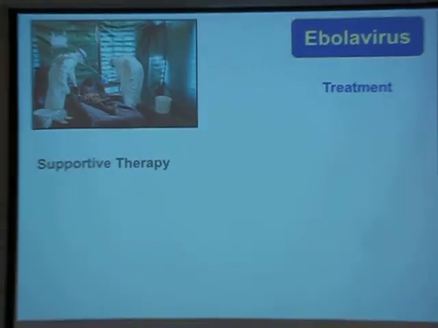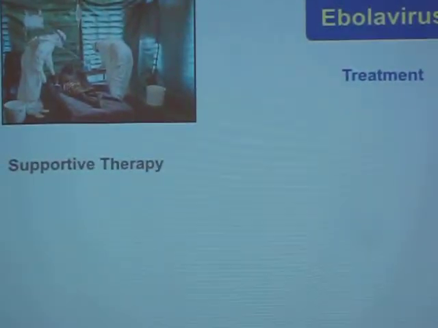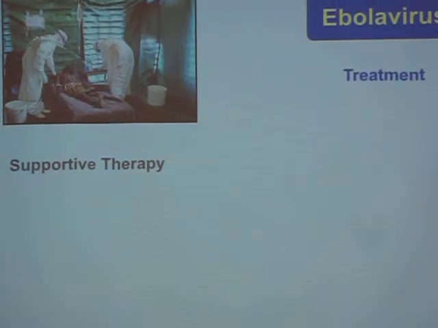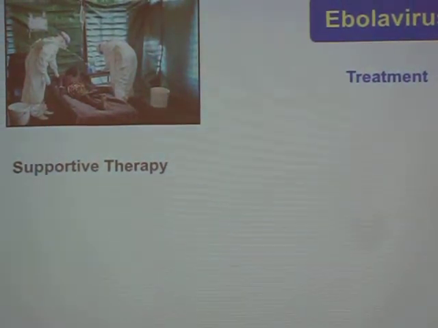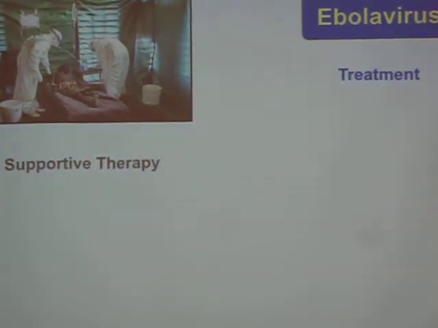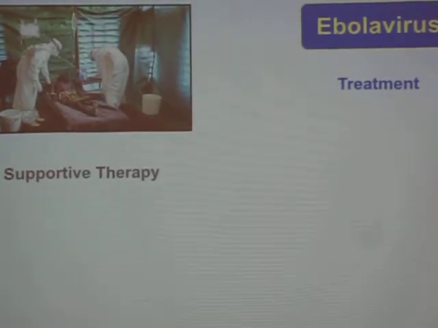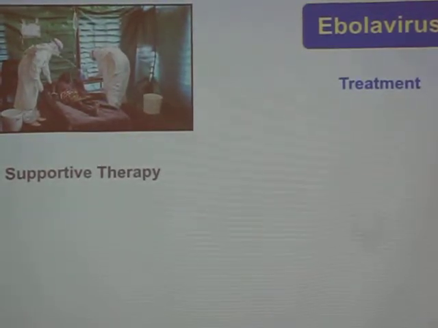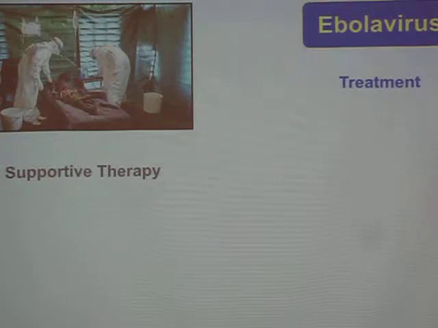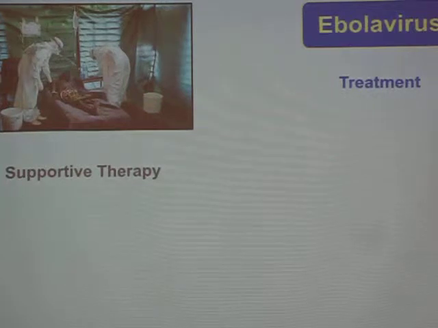There are multiple companies, Canada, US, Glaxo SmithKline, that have a treatment in safety trials right now as we speak. If it all goes well, they are hoping to have 10,000 treatments by the end of the year. But when we're talking about multiple thousands, that isn't going to do it. And that's a treatment, it's not a vaccine.